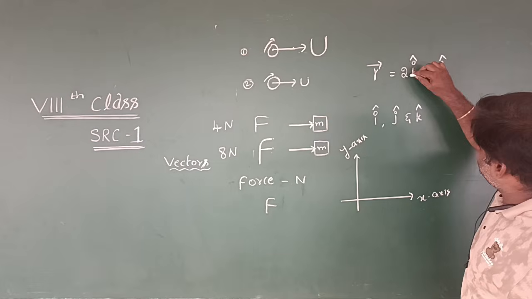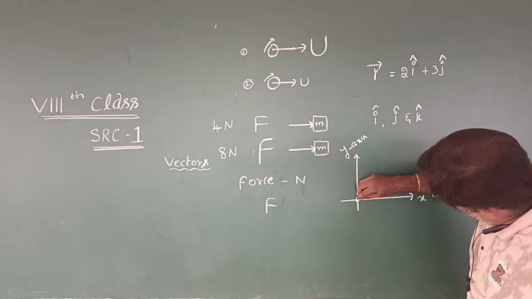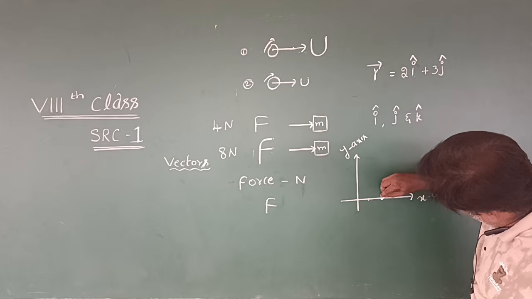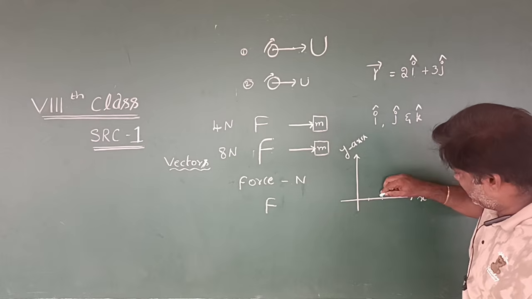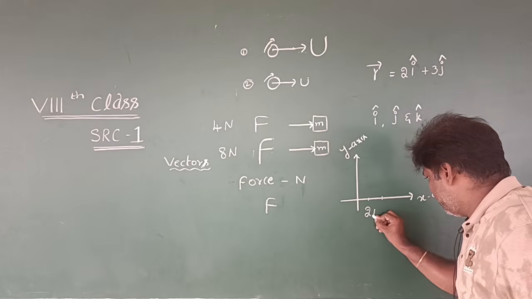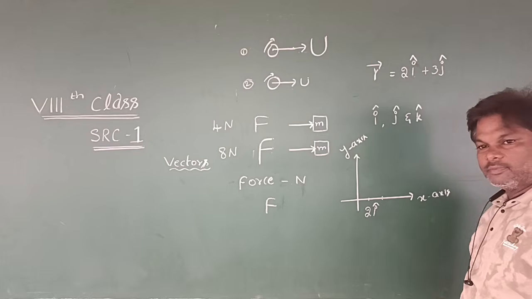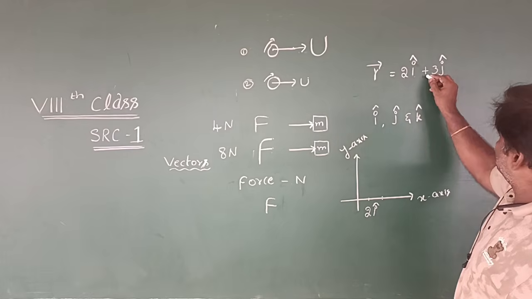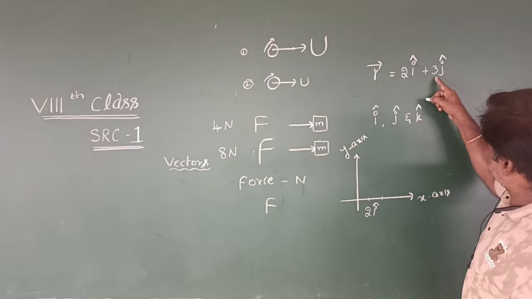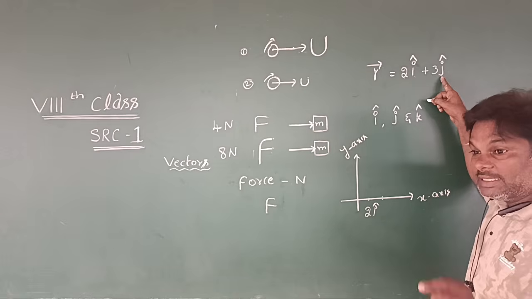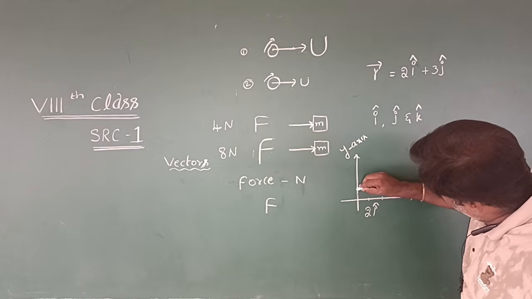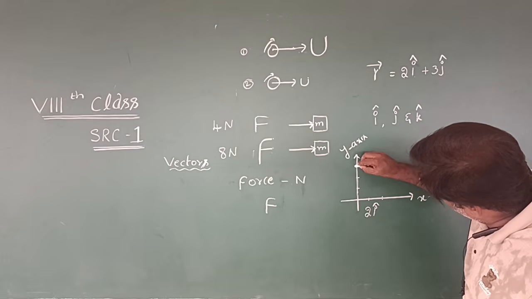Observe. 2 units along the x-axis, 1 unit and 2 units. This is along the x-axis. Can I write it like this, 2 i cap? Yes, I can. And 3 units: 3 is the magnitude and j is the direction. 1, 2 and 3.